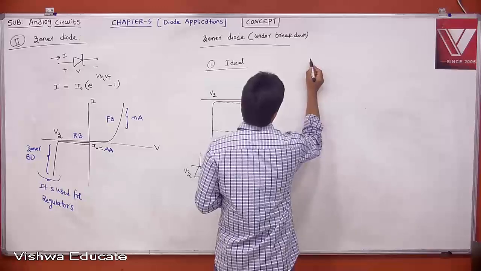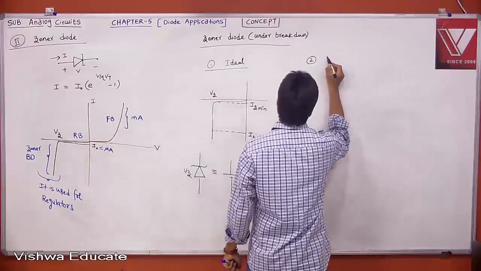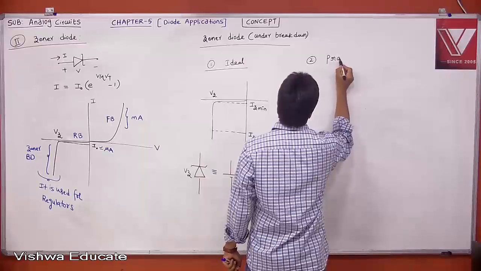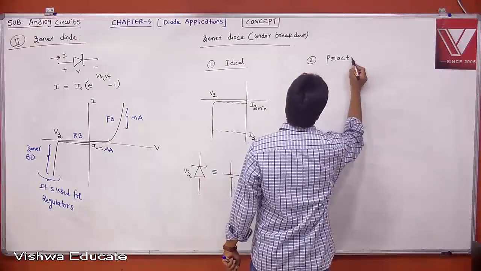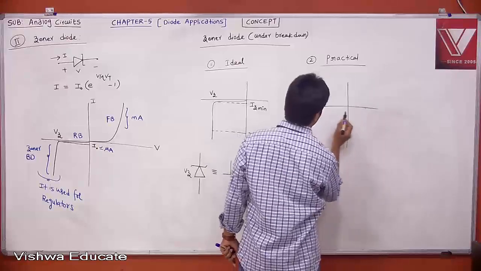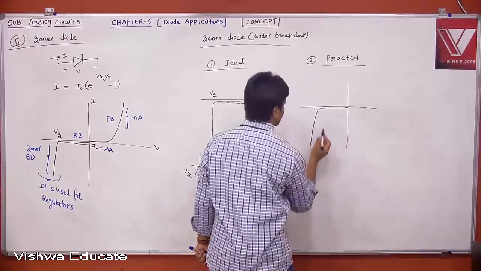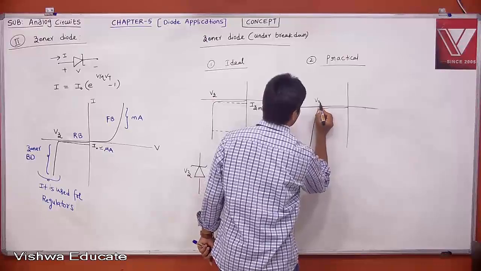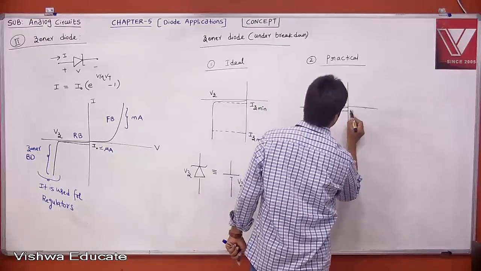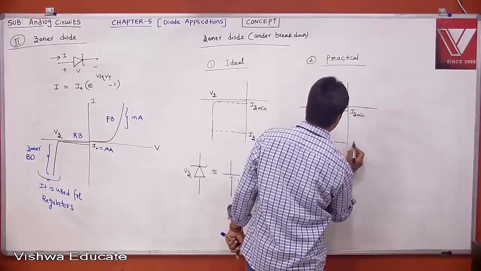Now this is your ideal model. But if you take the practical model, the actual real model, it is the one I wrote there. This is your practical model for breakdown. It has the Zener minimum current, and corresponding IZ minimum, and everything is supported up to IZ maximum.